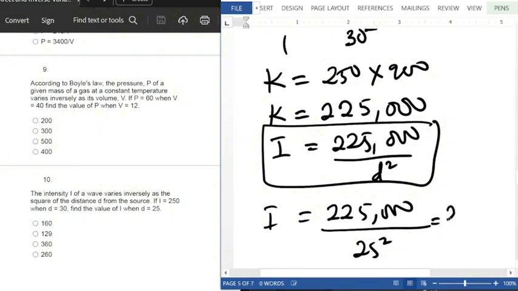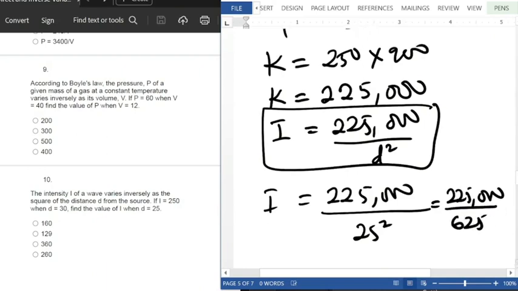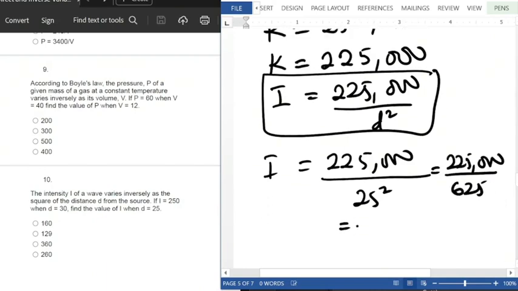So that's 225,000 divided by 625, and that gives us 360. So that is option C.